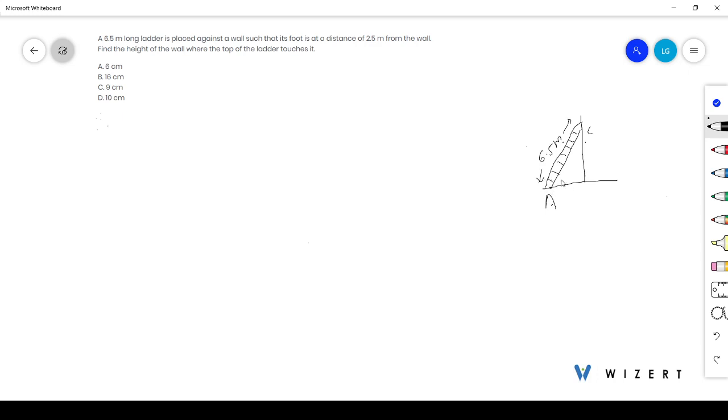And we have given that this foot is at a distance of 2.5 meter from the wall. Suppose this BC is a wall and this distance is given by 2.5 meter.